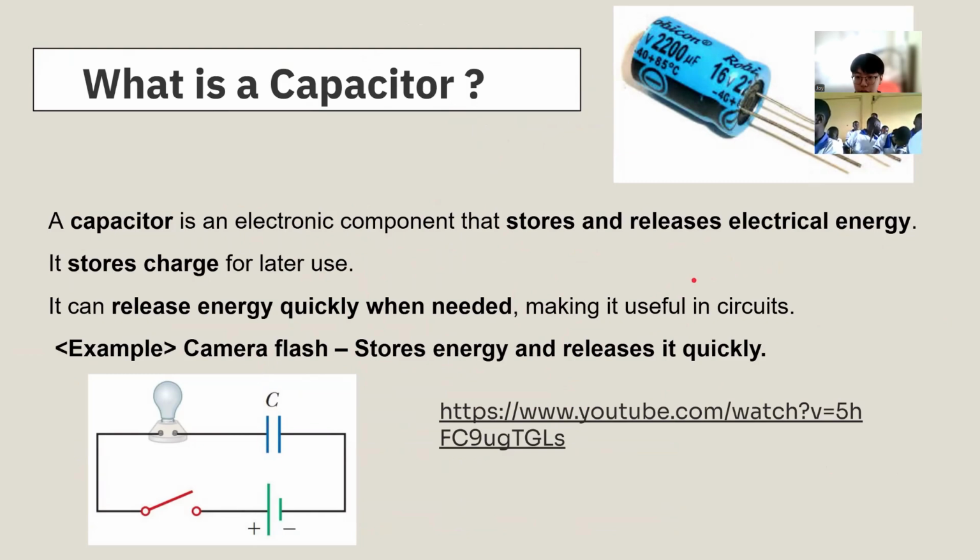So basically a capacitor stores energy when it is needed. It actually stores the charge produced by the energy. So it can release energy quickly when it is needed, and it can be very useful for fast, quick energy.